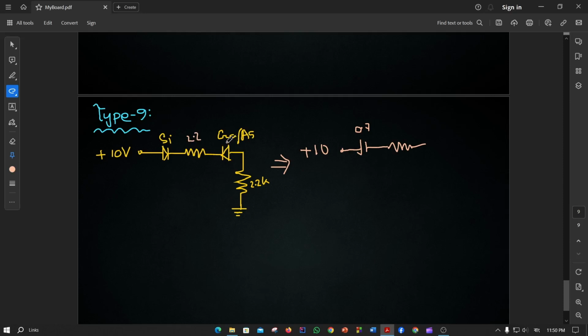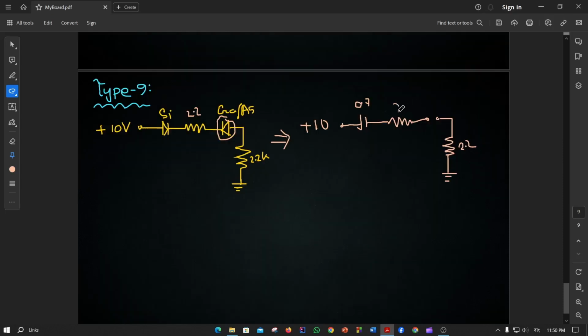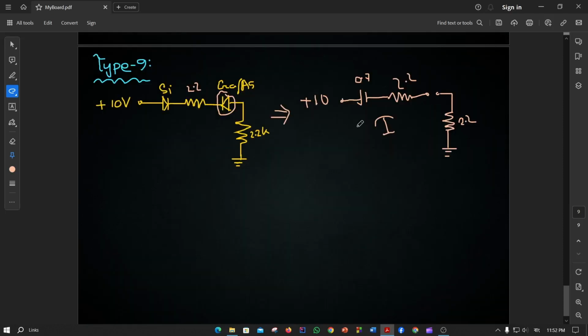And the gallium arsenide, you can see, is reverse bias, that's why the circuit will open. So for the reverse bias, I equals 0. So 0 milliampere current goes through the whole circuit.